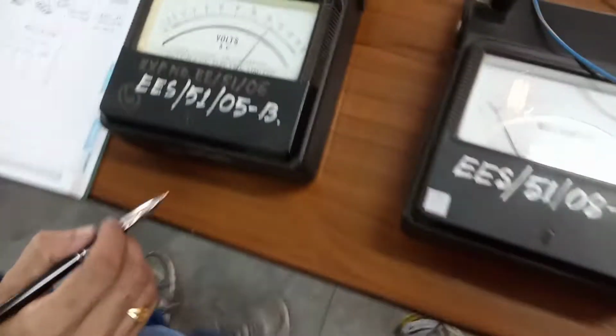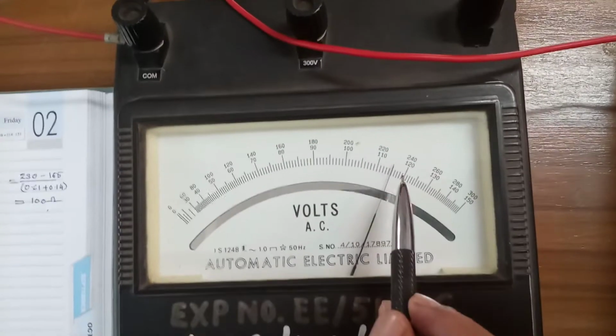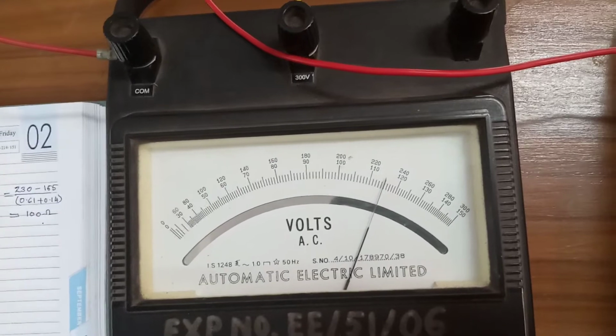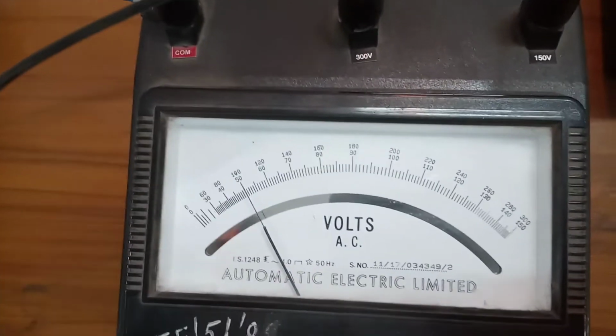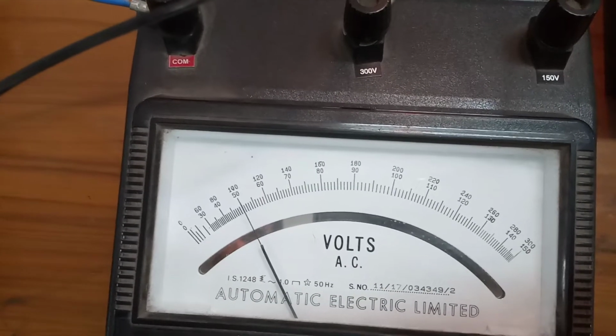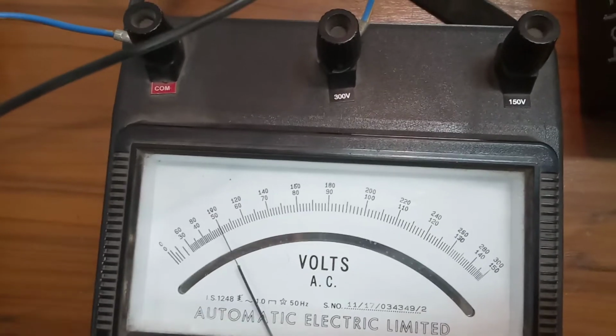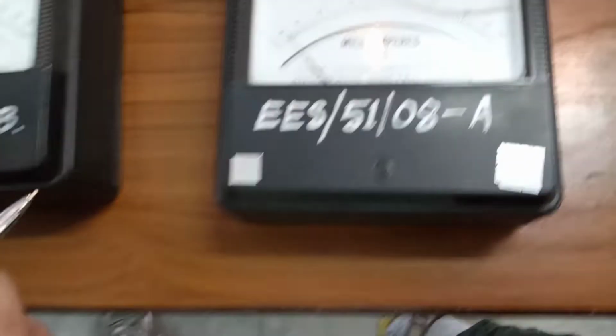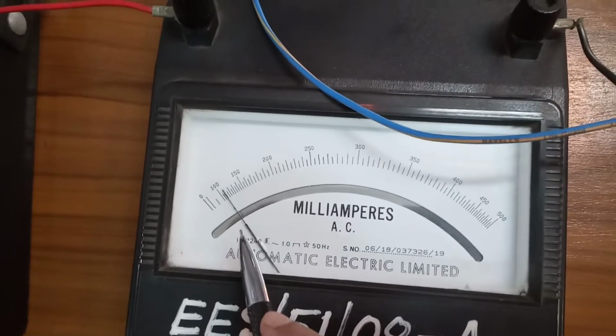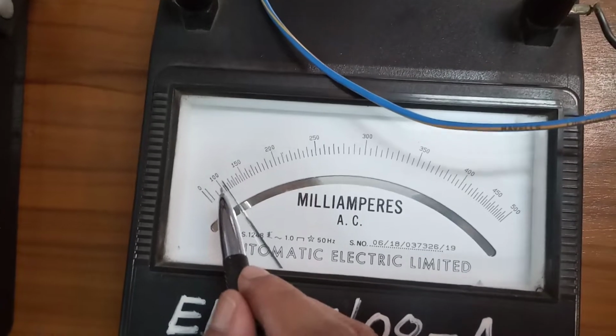If you see here, it is 230 as usual, because we keep it at its maximum value, and then the drop across the lamps will be how much, it is 105 or 110, between that. So let us take 107 something, and then we record the reading for the carbon filament lamp, which has come as 110.